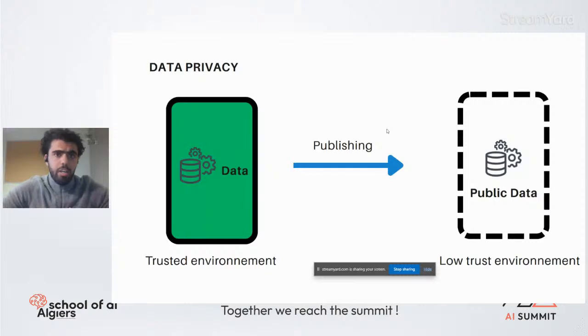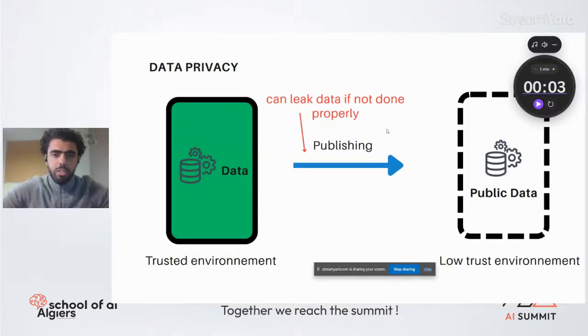So a healthcare institution can have as a motivation to publish a version of the data for an educational purpose, to educate the community about the healthcare situation. So this publishing technique, if not done properly, can leak data that is private.